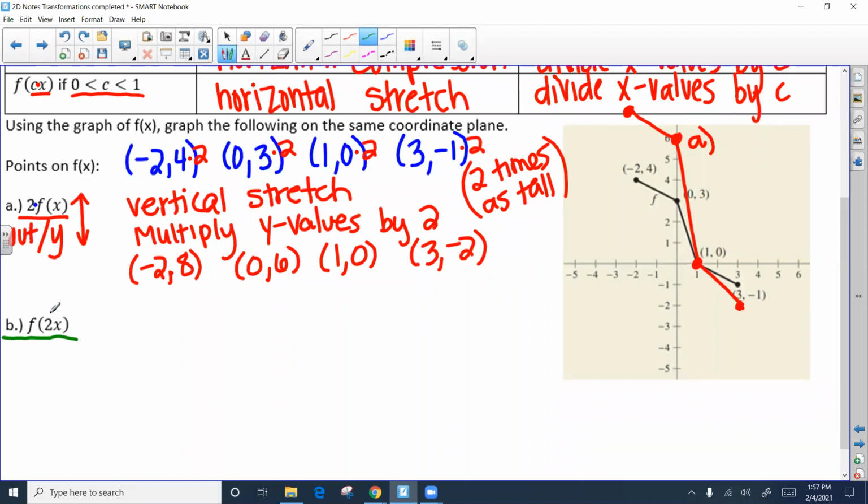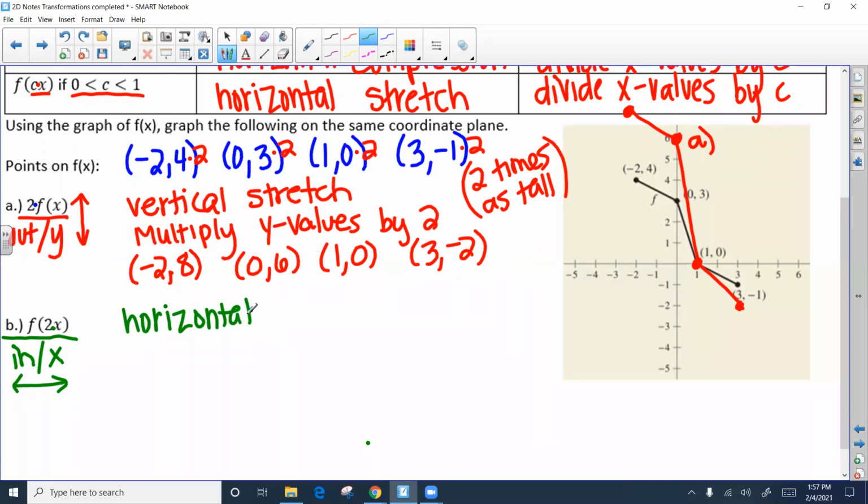The function is still multiplied by 2, but this time the 2 is on the inside, affecting the x values. So I know it's stretching or compressing along the x-axis. That means it's going to be horizontal.